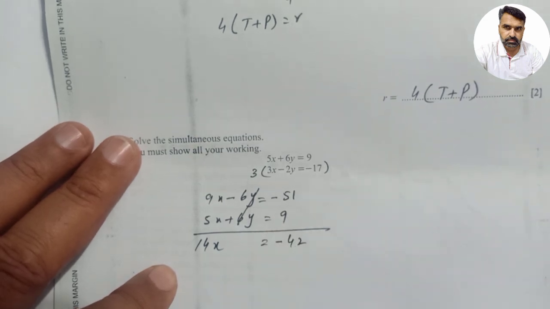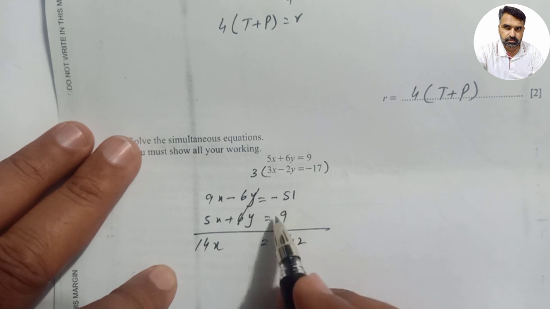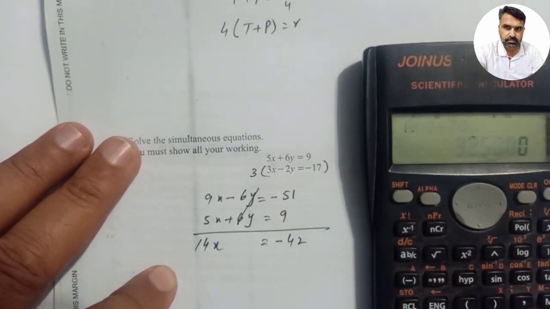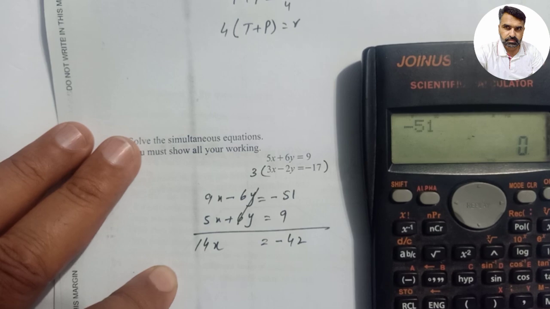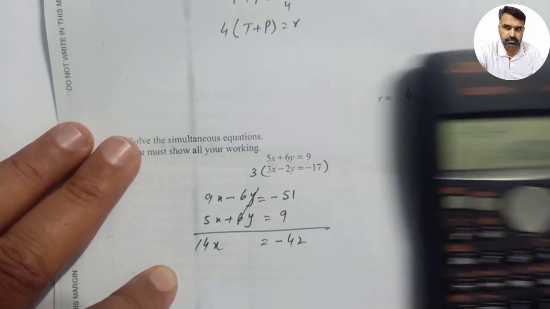You can use a calculator. If one number is positive and the other is negative, students, you will write minus 51 plus 9 and we will have minus 42.